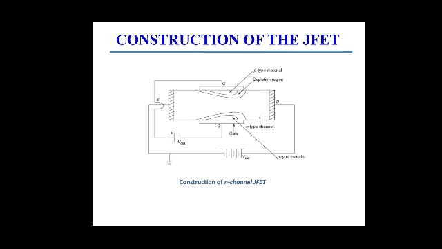At the source, at the drain, at the gate, you will be using metallic contacts, so that these metallic contacts will have some wires, and through these wires you will be able to apply the voltages.